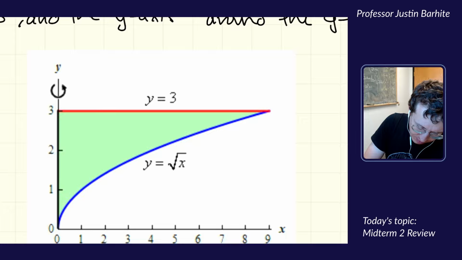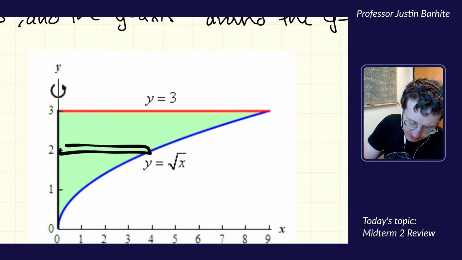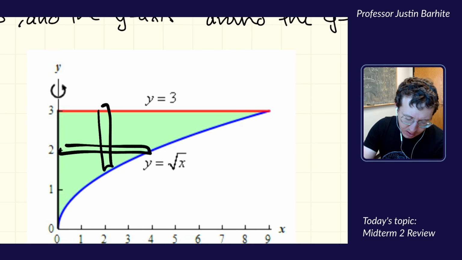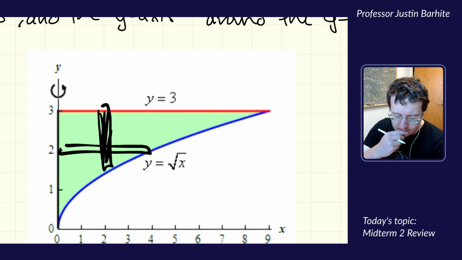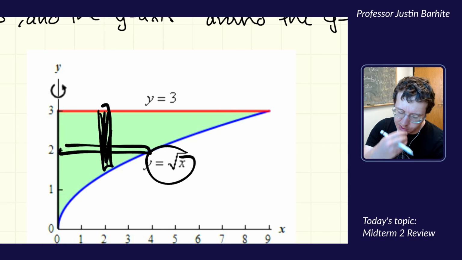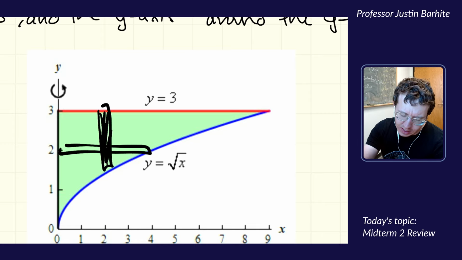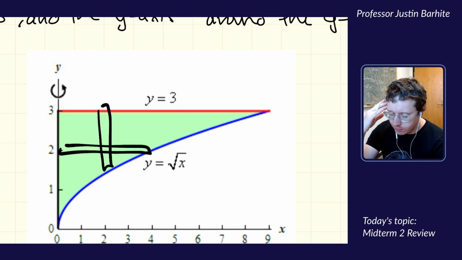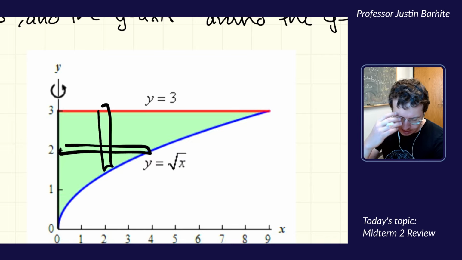We could imagine splitting it up into rectangles this way, or into rectangles this way. If we do the vertical rectangles, we're going to end up having to integrate a square root function, which is fine. The antiderivative of root x is 2/3 x to the 3/2. It's not that big of a deal.